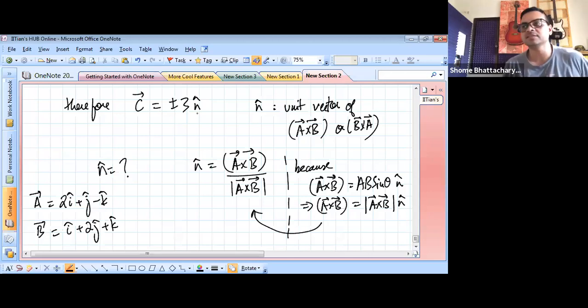There are two possible answers for C. So this is clear, people. Next you find the cross product. Use that three-dimensional matrix method to find the cross product.